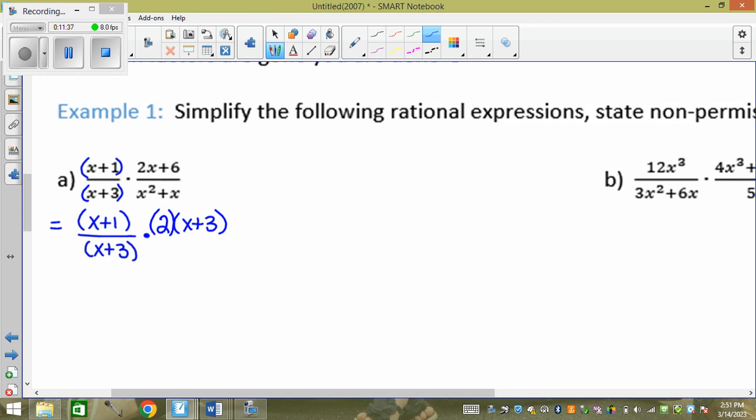Right? What can I do to the denominator on the right? Take out an x. X squared take out an x is x. What's x divided by x? 1. Now I say multiplication is the exact same as simplifying. Why? Watch this.